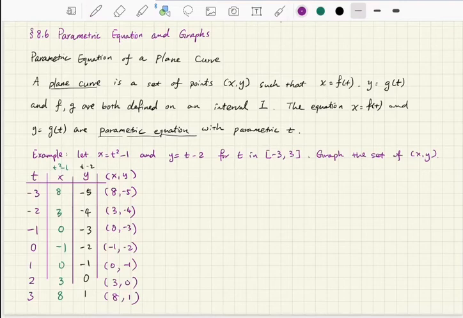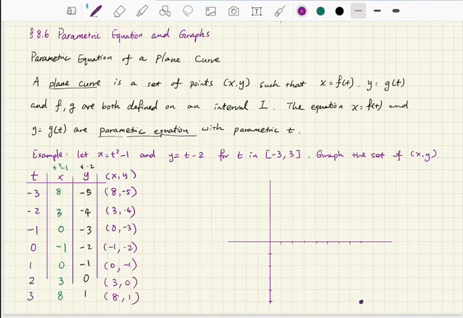So now we're going to graph them. The first point we want is going to be 8, -5. So I'm going to say 1, 2, 3, 4, 5, 6, 7, 8, and 1, 2, 3, 4, -5.